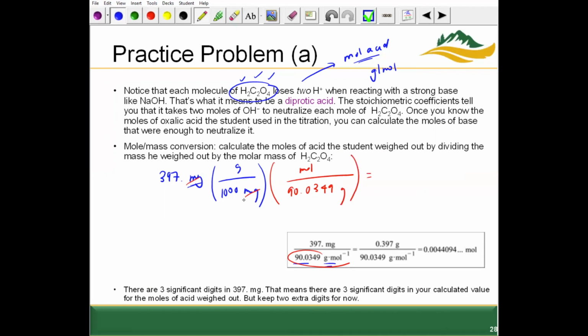This is technically 1,000 milligrams and 1 gram. So doing this multiplication and division, is technically a 1 here too. 90.0349 grams per 1 mole. This comes out to 0.0044094 moles. Really importantly, this is still moles of our diprotic acid, right?